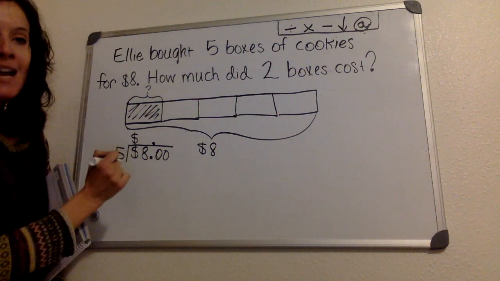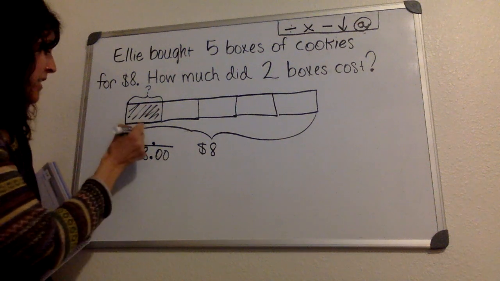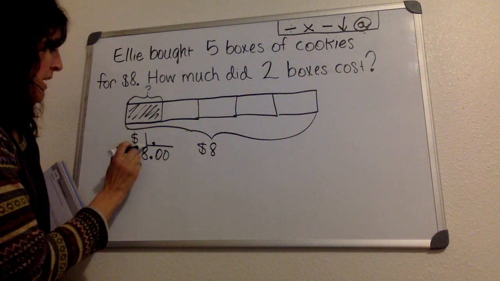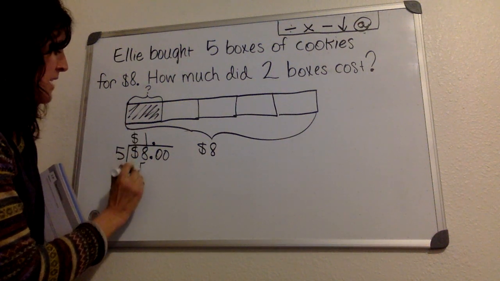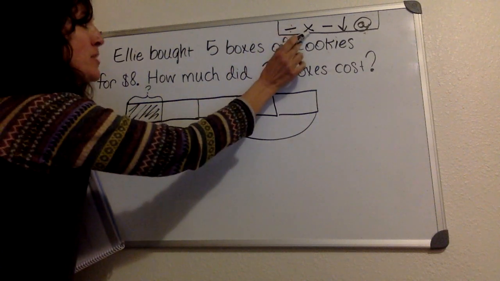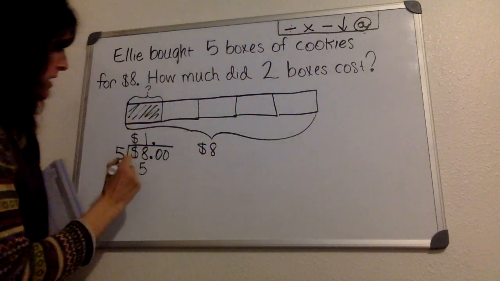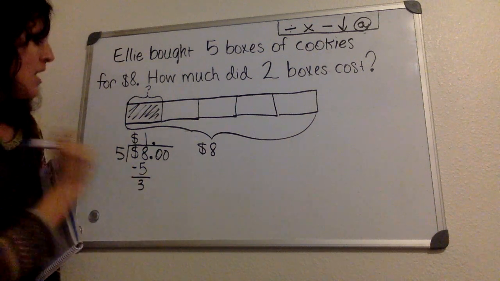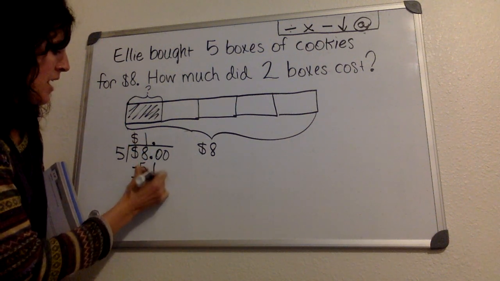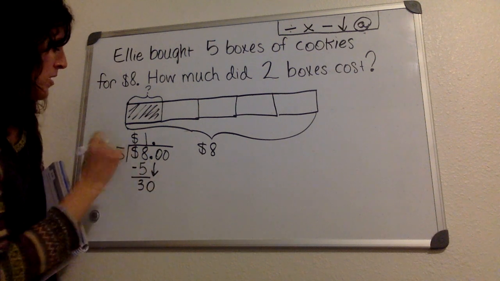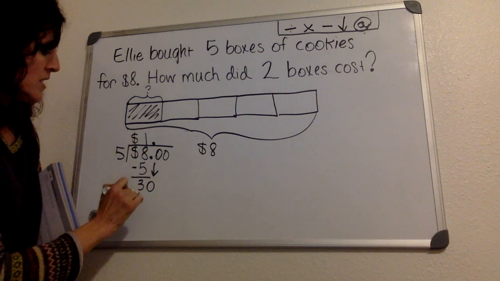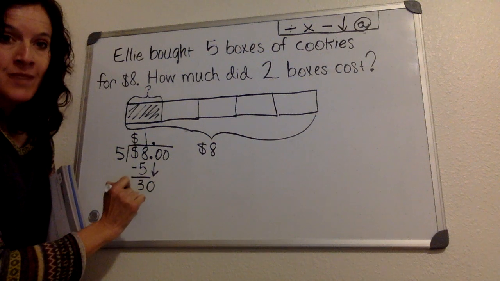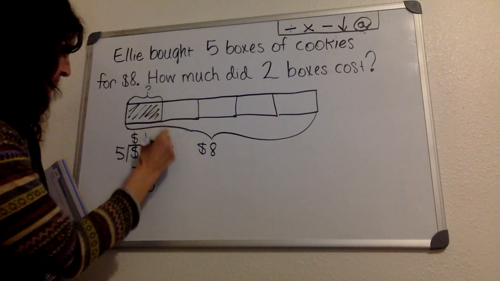5 goes into 8, how many times? Just 1 time. Now I multiply. 1 times 5 is 5. I just multiplied, now I subtract. 8 minus 5 is 3. I have a number to bring down. I'm going to bring down my 0. 5 goes into 30. How many times? 6 times.